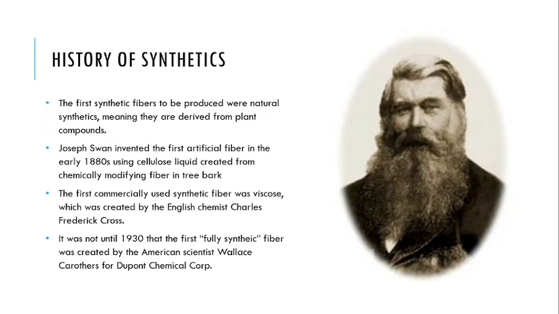He used a cellulose liquid created from chemically modified fiber found in tree bark. The first commercially used synthetic fiber was viscose, which was created by the English chemist Charles Frederick Cross. However, it was not until 1930 that the first fully synthetic fiber was created by the American scientist Wallace Carothers for the DuPont Chemical Corporation.